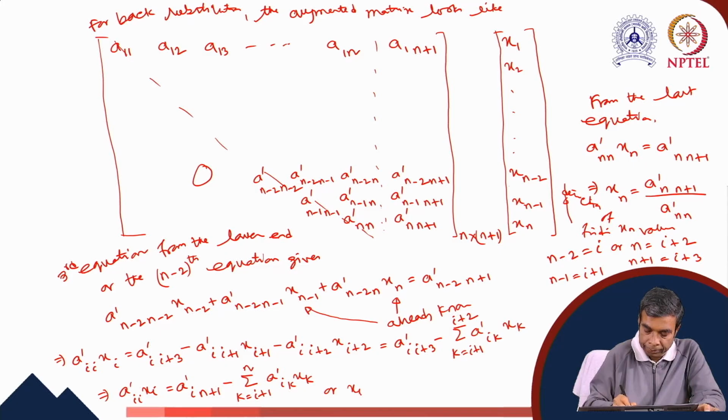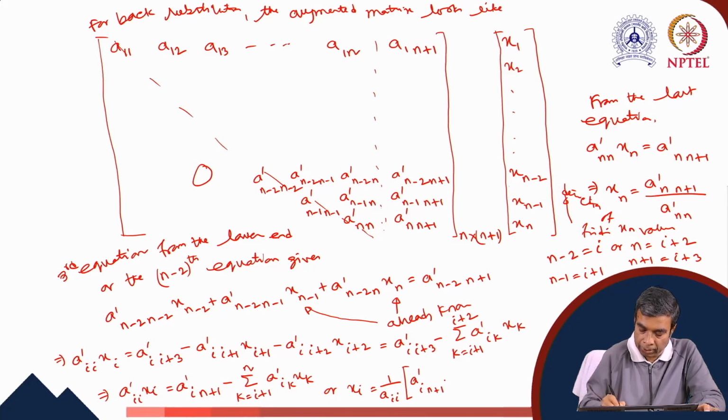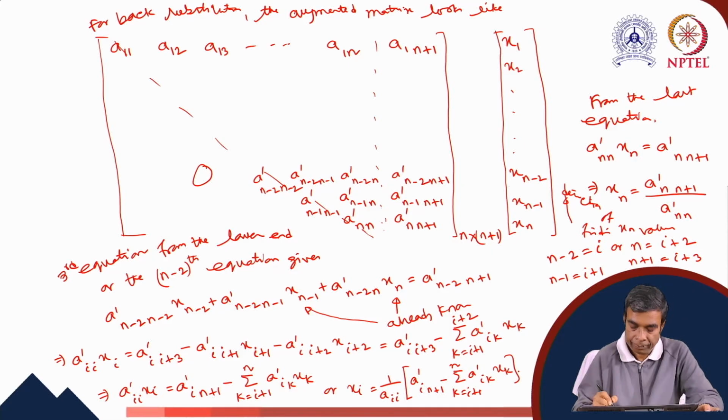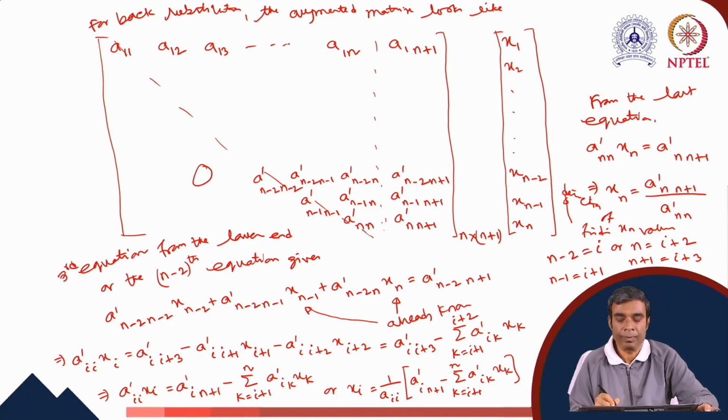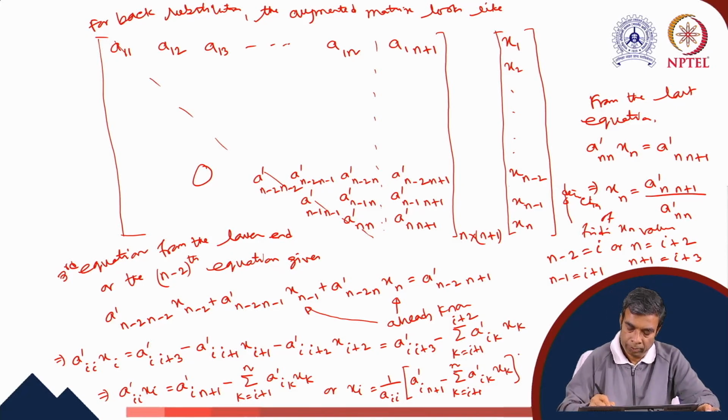Or xi equals 1 by aii into A dash i n plus 1 minus summation over k equals i plus 1 to n of A dash ik xk, where i is varying from n minus 1 to 1, in steps of minus 1.